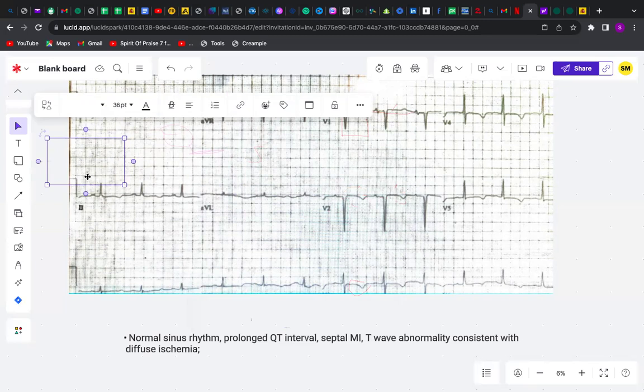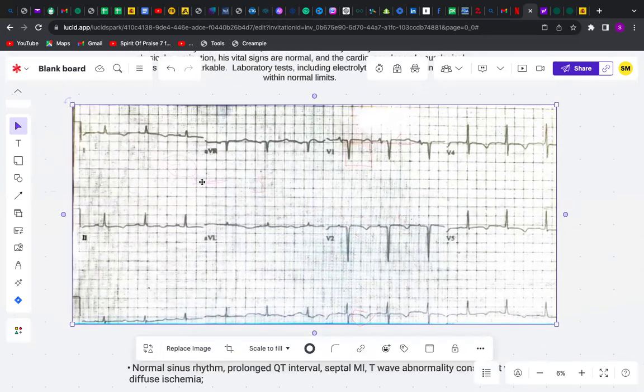And that's it. But when you have an ECG like this, or you are in the emergency room and the patient is brought to you, you're not going to put on a pen and do that. That's going to delay.